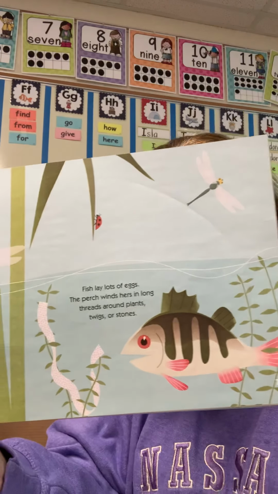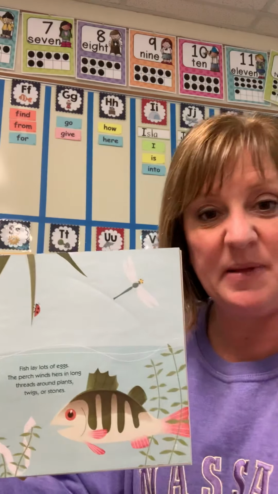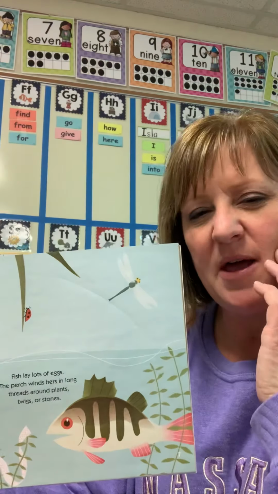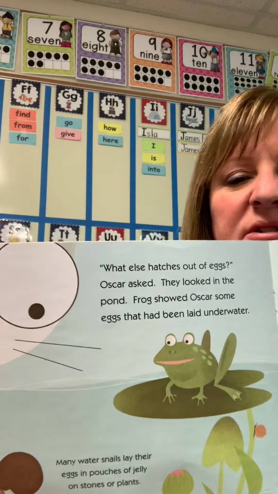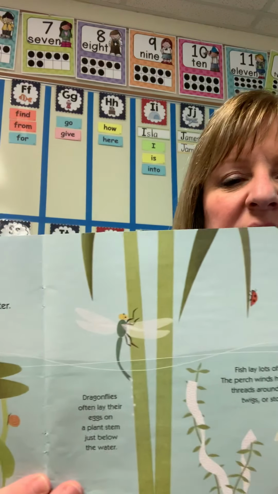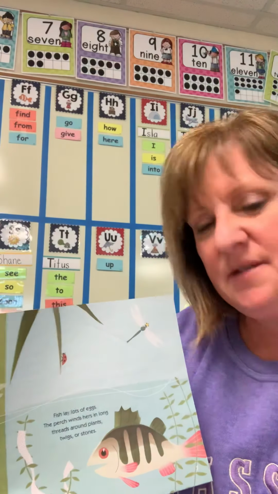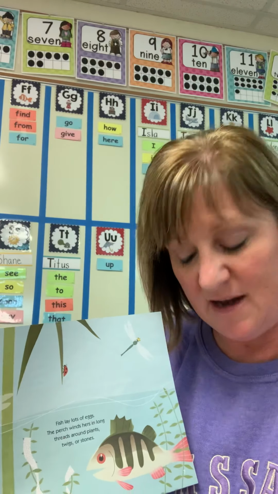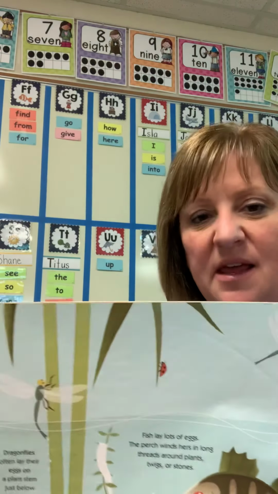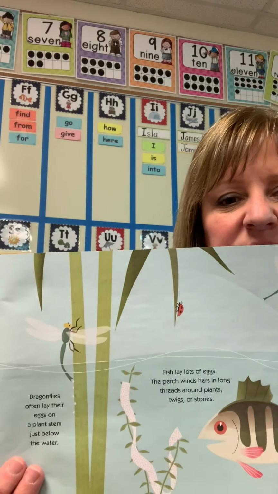Okay, so what do the words and pictures on these pages explain? Think about it. Look again. What were the words and pictures on these two pages telling you about? Did you think about it and remember that on these pages it was telling about animals that lay eggs underwater?